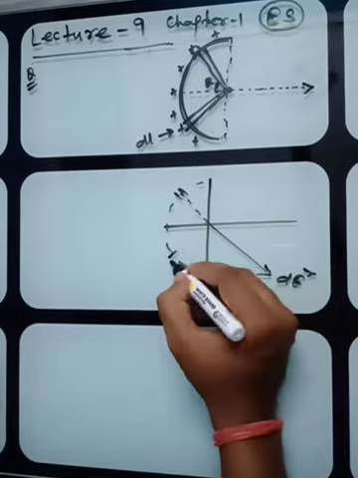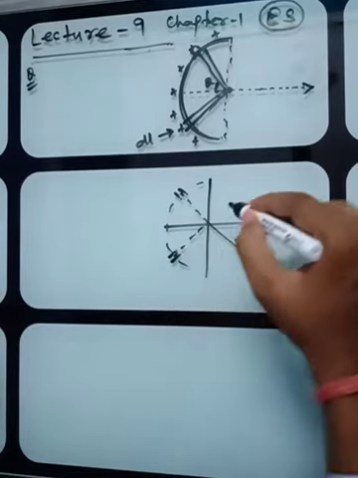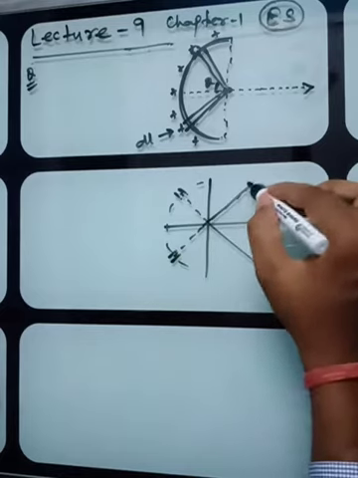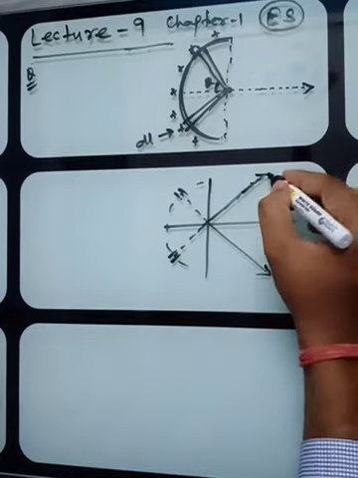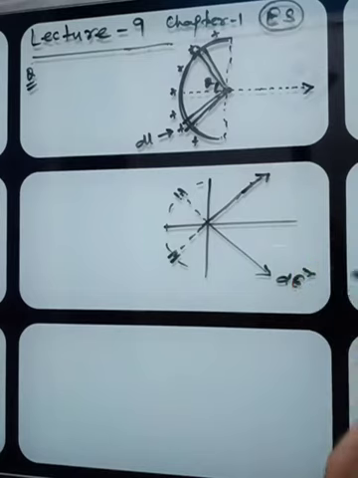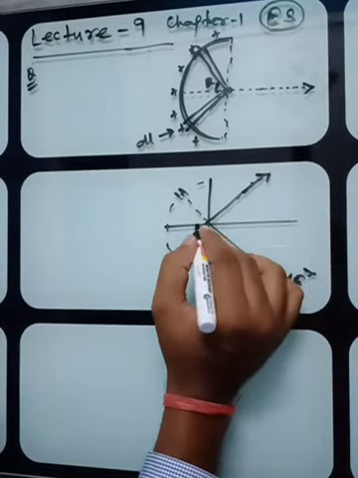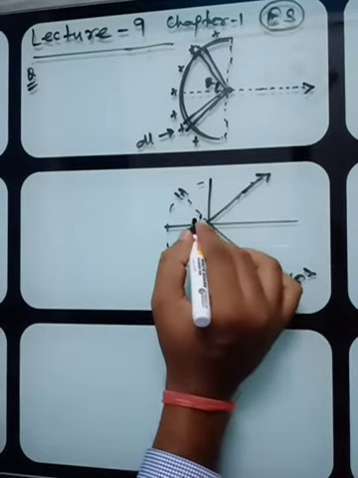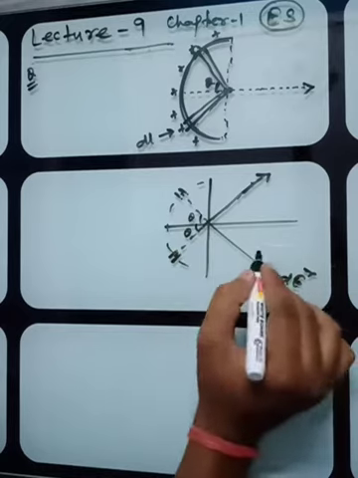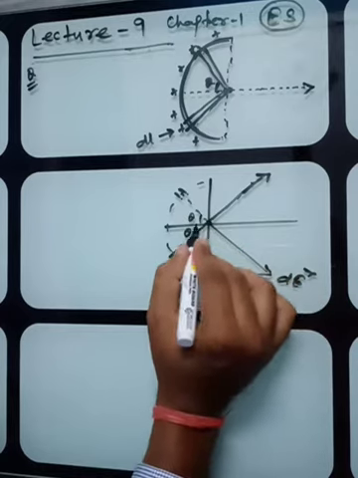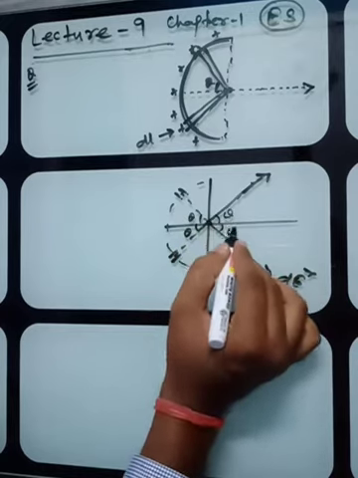The concept behind taking two elemental sections is that a student can have the argument: why are we taking two elementary sections? As I told you earlier, the benefit of taking two elemental sections is to simplify our calculation, because this theta will give you the theta over here and the theta over here.